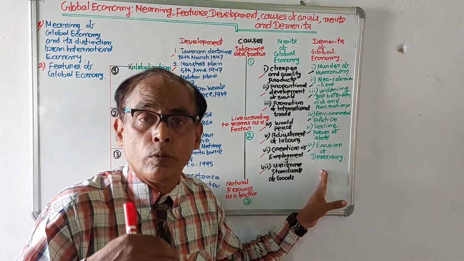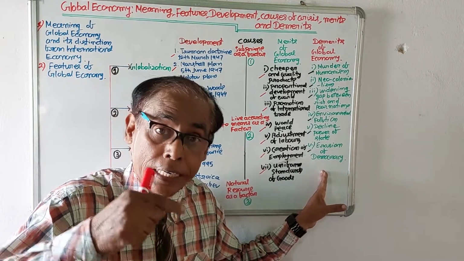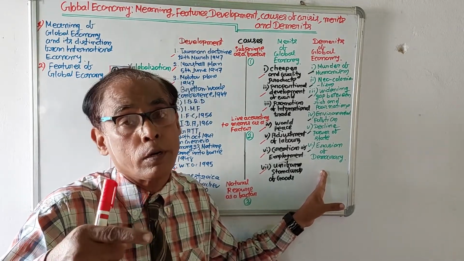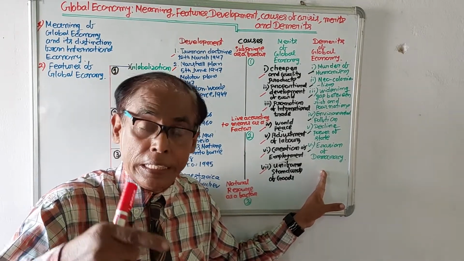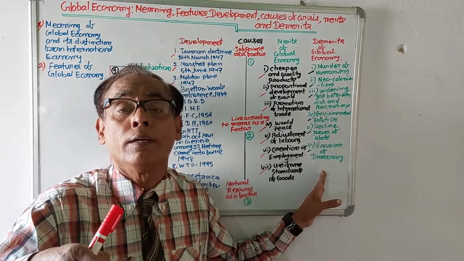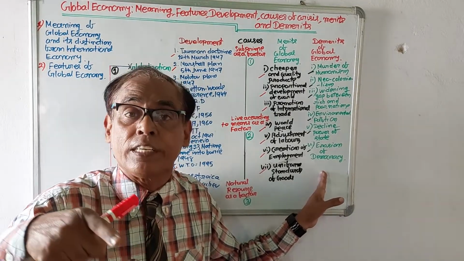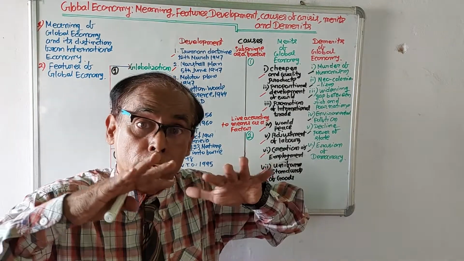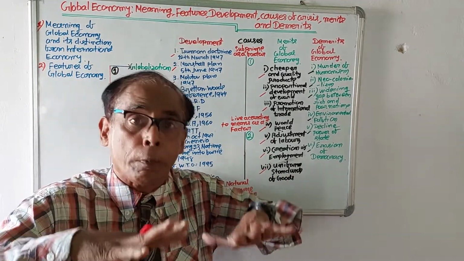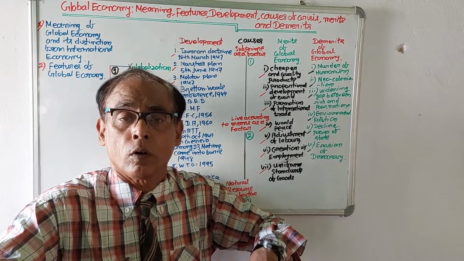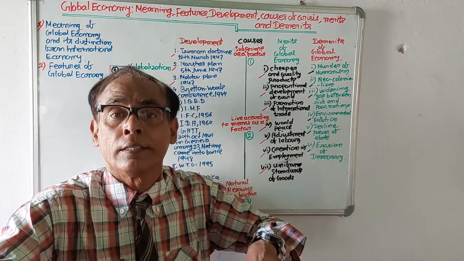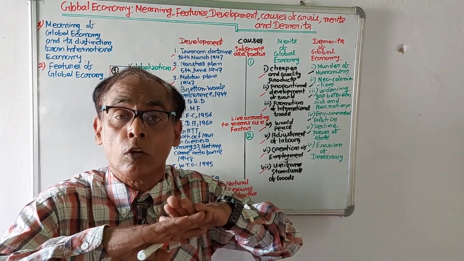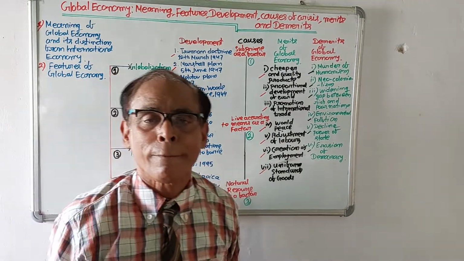So the organizations will interfere in the affairs of the country, they will interfere in the affairs of people, they will interfere in the affairs of various organizations. So people will be under pressure, the country will be under pressure, organizations will be under pressure. Democracy will be no more there.